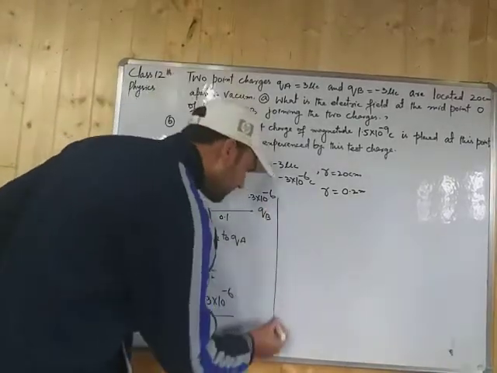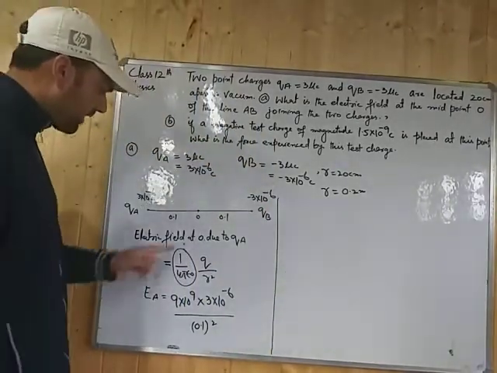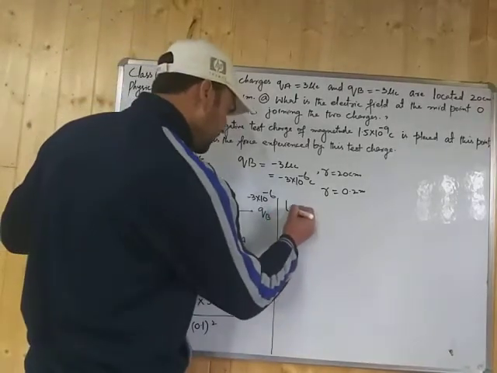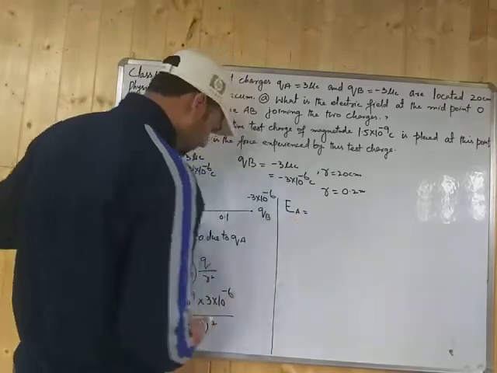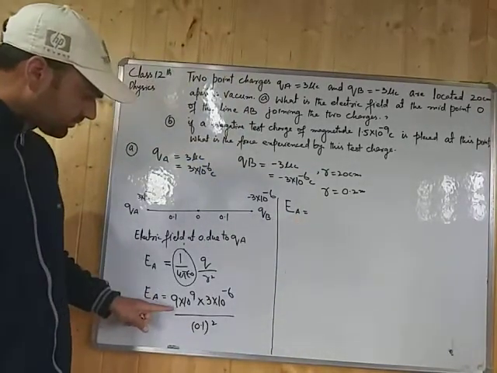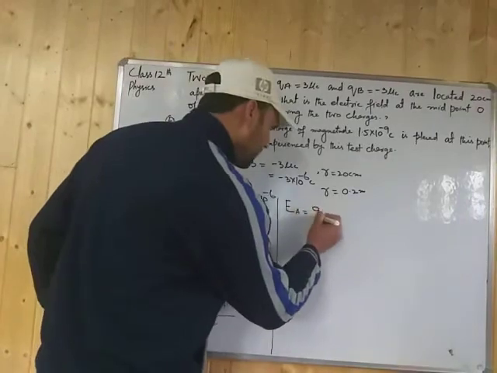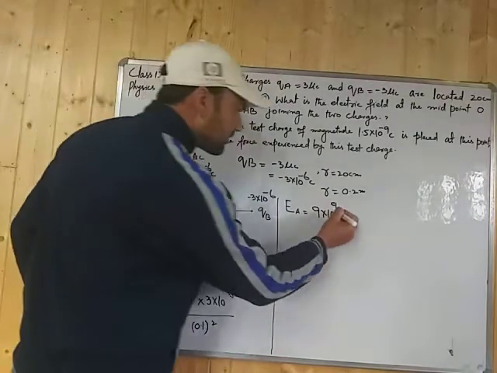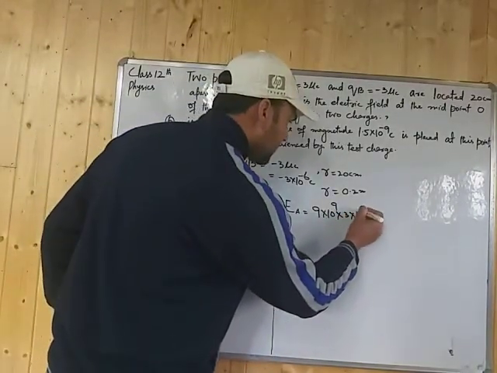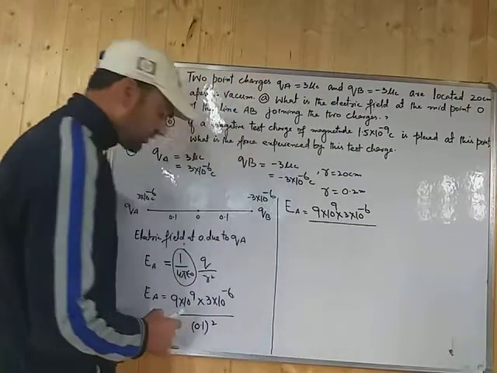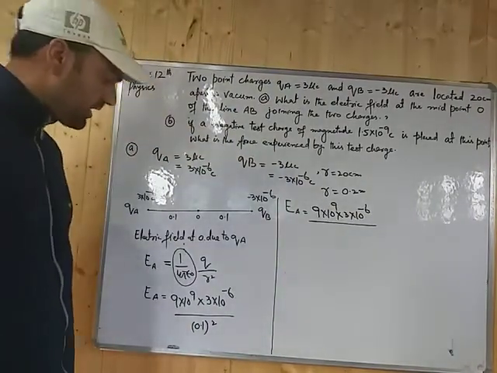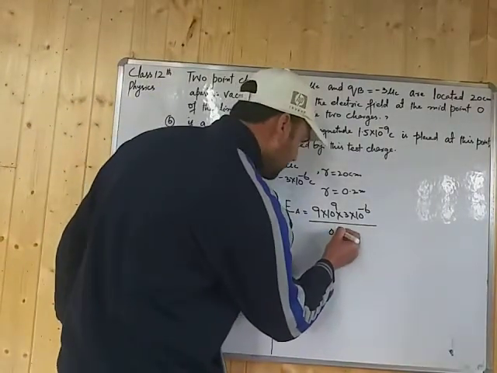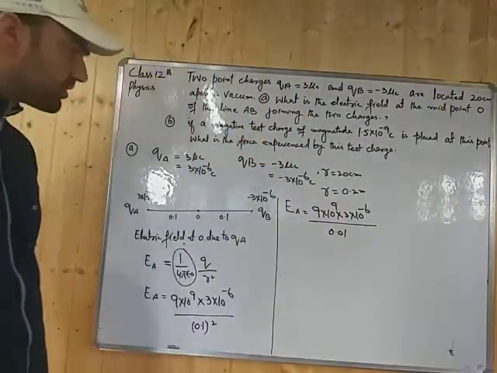So the electric field at point O due to QA, EA, is equal to 9 into 10 raised to power 9 into 3 into 10 raised to power minus 6, divided by 0.1 into 0.1, which is 0.01.